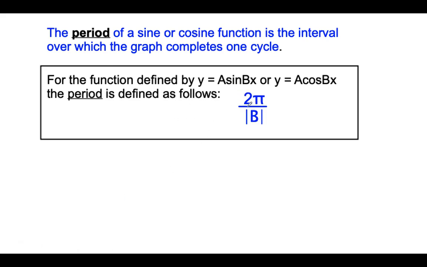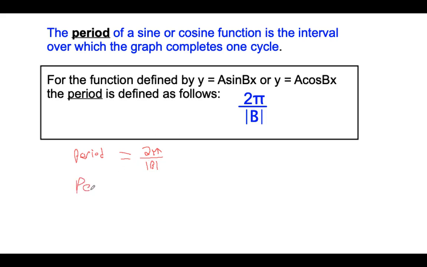To find the period, you take 2 pi divided by the absolute value of your b. So b is not your period or cycle. It's important to know that. You use it to find the period. So the period of your graph is going to be 2 pi divided by the absolute value of b. That's what the period is going to equal.